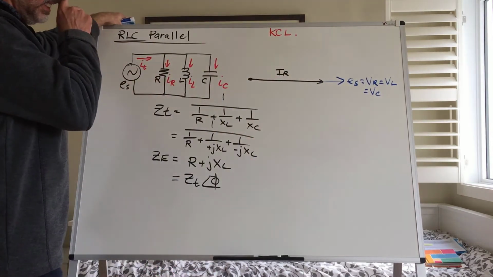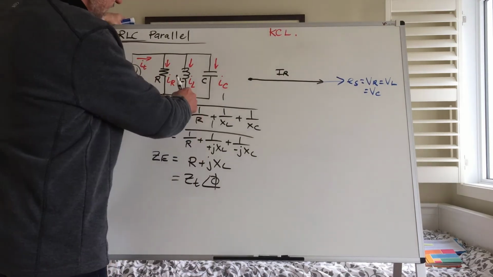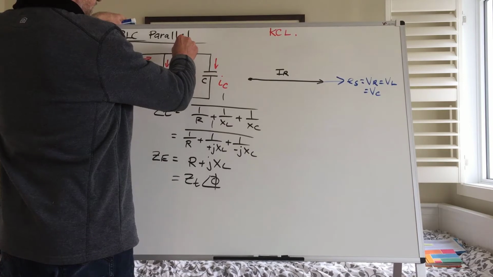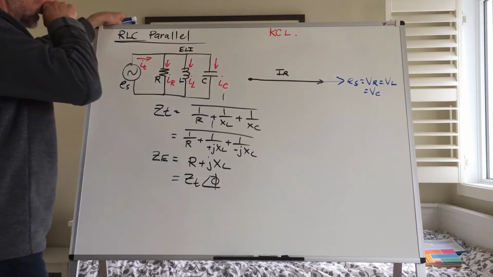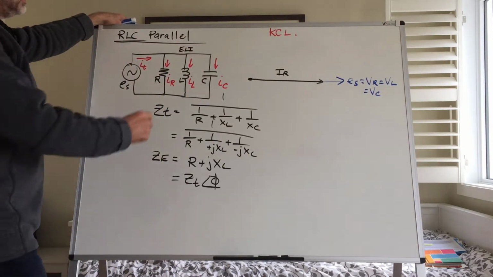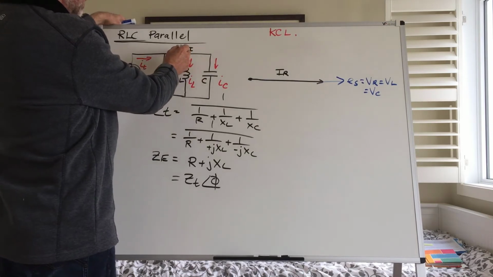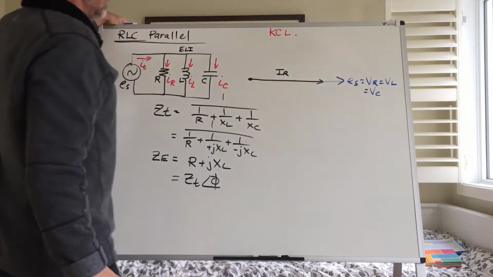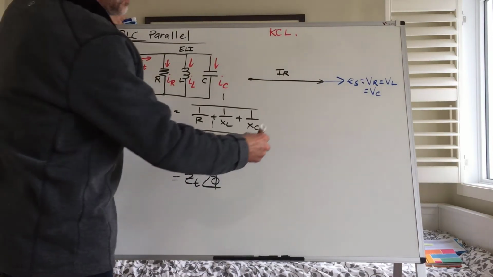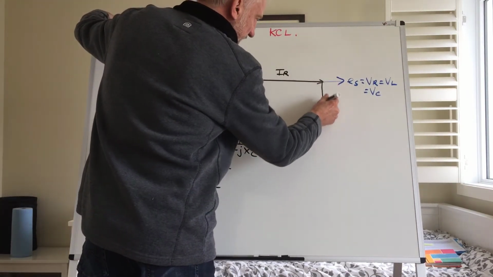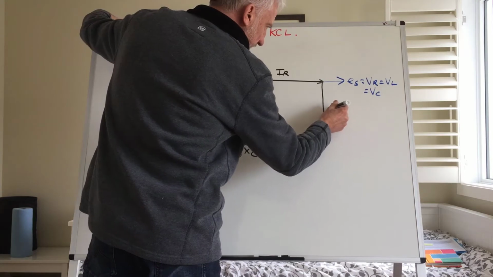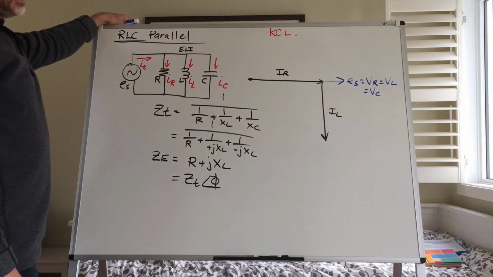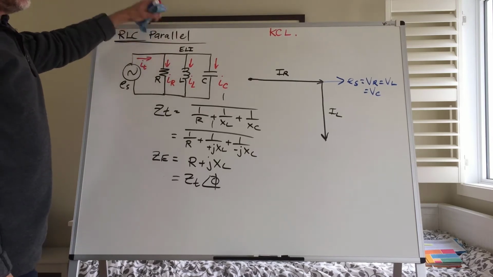IR at 0 degrees. Now, when it comes to the inductor, remember, it's our acronym ELI that's going to describe that relationship. And ELI says the current is going to lag the voltage. Where do we find the voltage? Right here. We set it as our reference. That means our current, IL, is going to have to lag that voltage, right? Remember, a lagging current for an inductive branch.